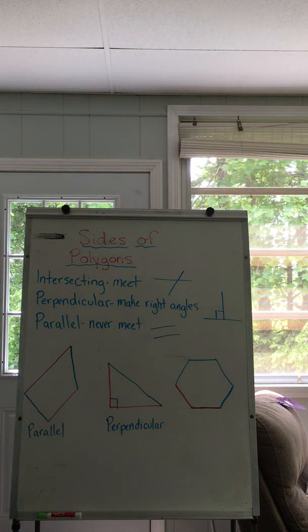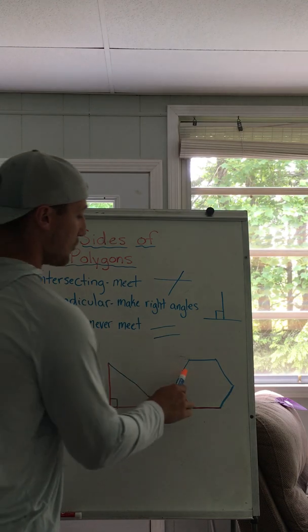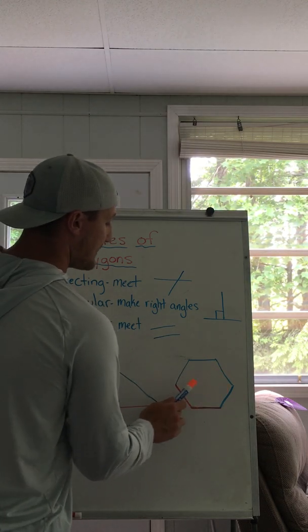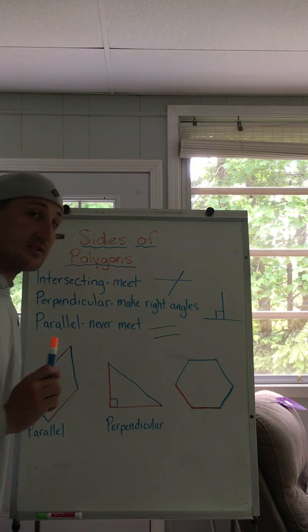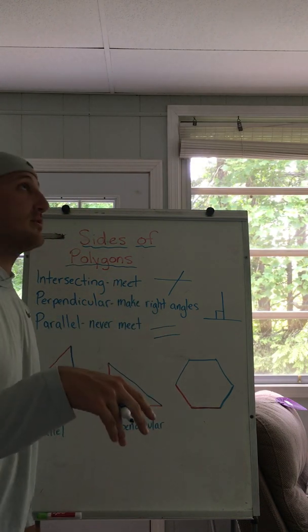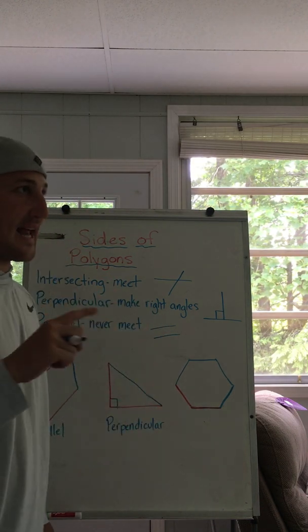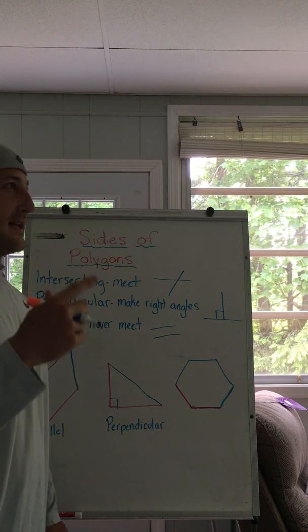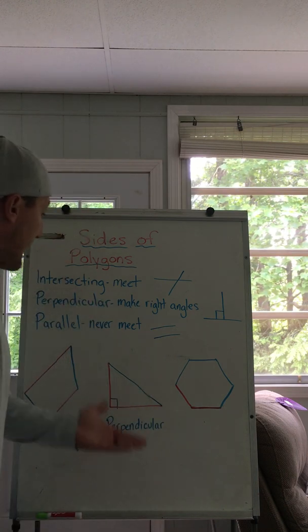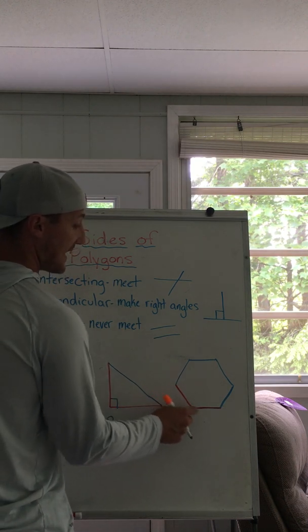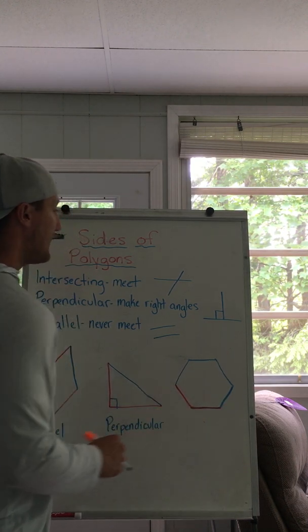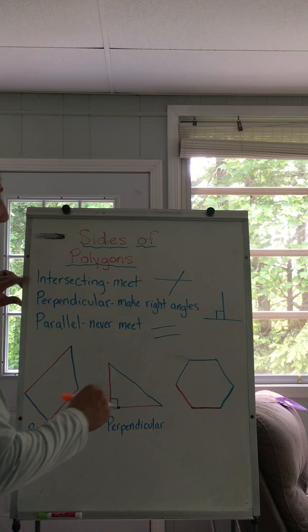All right, last shape over here. This polygon has 1, 2, 3, 4, 5, 6 sides and 1, 2, 3, 4, 5, 6 angles. 6 sides, 6 angles. Let's see, the number 6 has an X in it, so it must be the one with the X. Oh, it's a hexagon. That's a hexagon. I knew it. All right, the two red lines in this hexagon, the two red sides right here, let's see. Do they intersect? Do they meet?